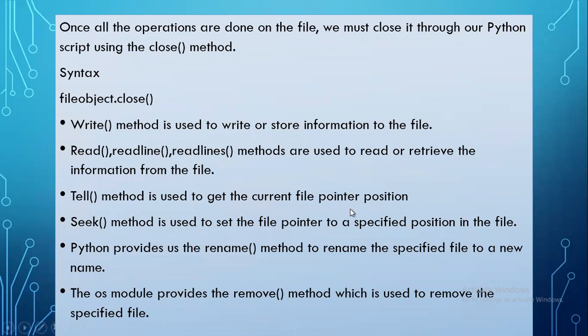Tell method is used to get the current file position, and seek method is used to set the file pointer to a specified position in the file. Okay, so these things, in programs, we will see how we are going to create a new file through our program. It is not graphically; we are going to create a new file through code.